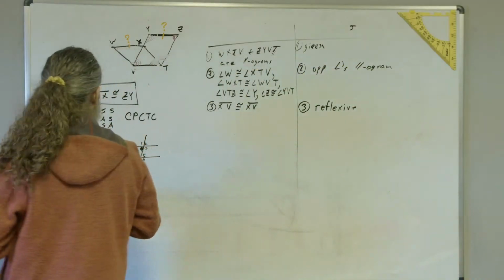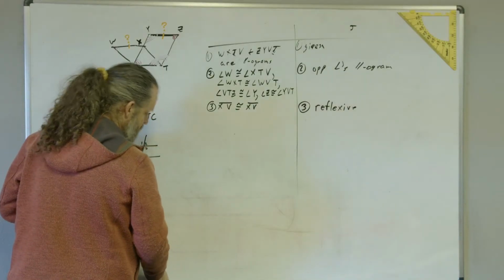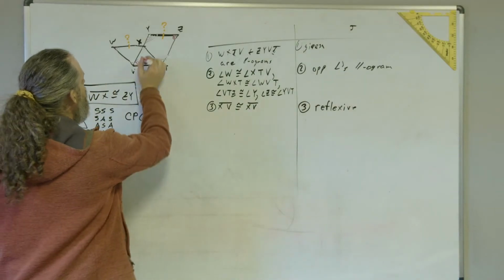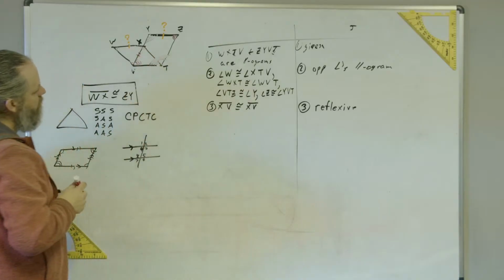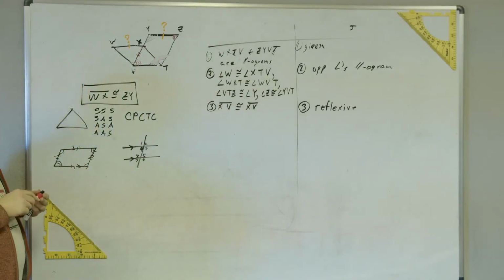True enough. So we've got side angle or angle side. Actually, we don't even have that because it's opposite it. So we need another angle or something.